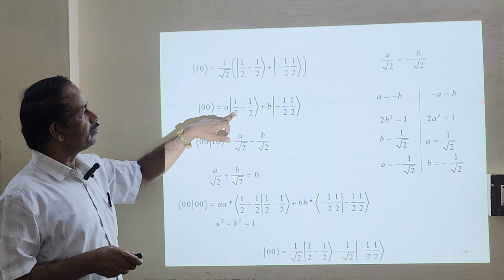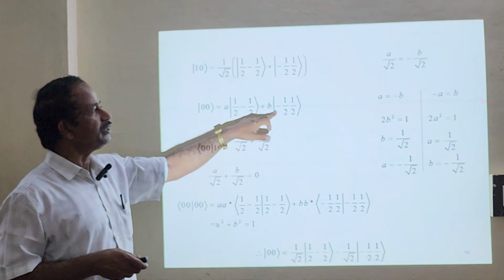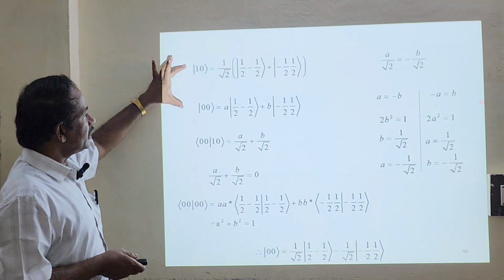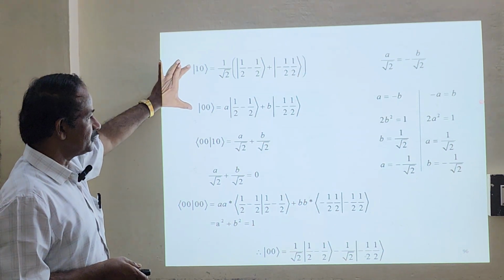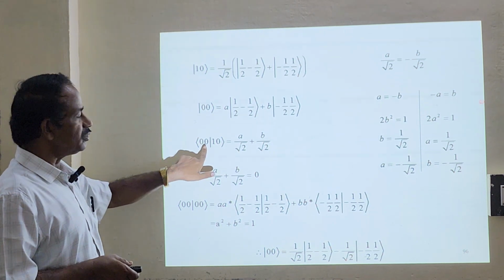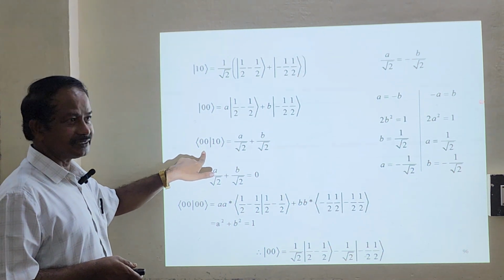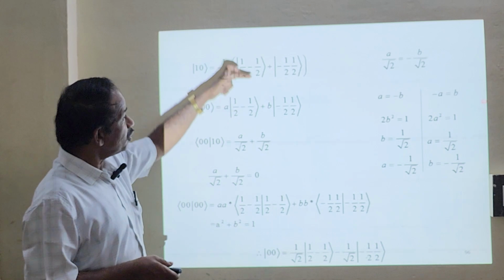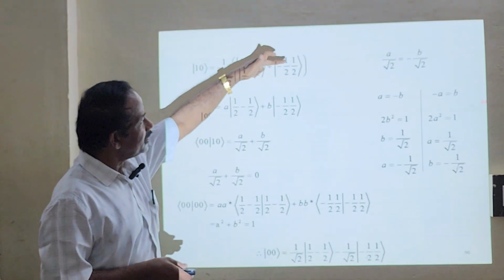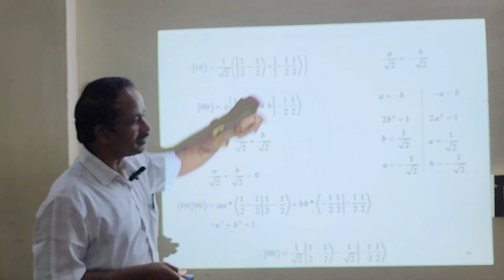So A 1 by 2 minus 1 by 2 plus B minus 1 by 2 minus 1 by 2. You just multiply these two. Your left hand side is exactly like this. Right hand side, you have to multiply this and this, and then this and this.